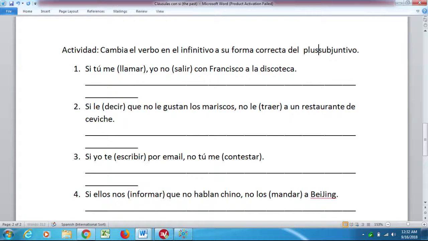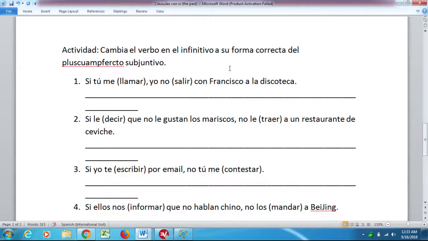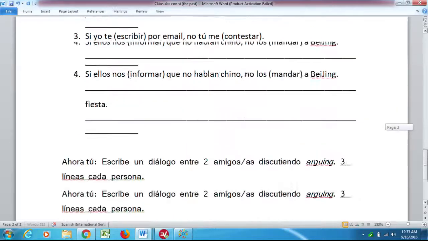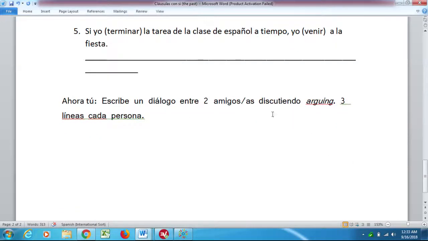So your activity is going to be changing the verb in the infinitive to its correct form of the subjuntivo. All right? Of course, since we're dealing with the pluscuamperfecto, let's go with that as our form here, as our mood and tense.